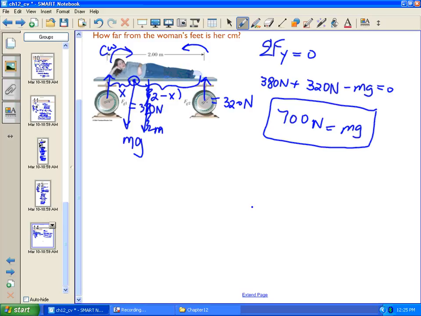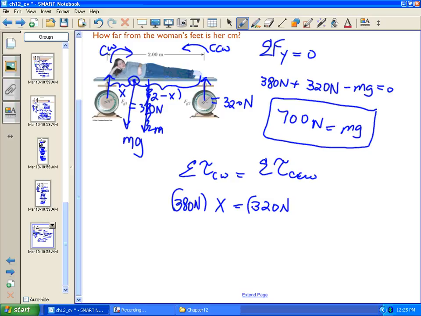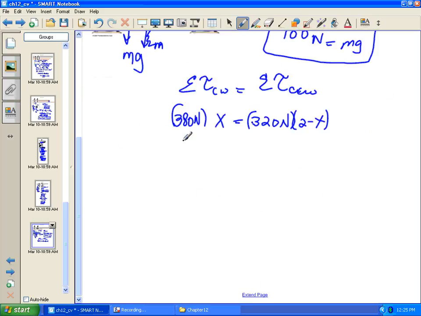This other force produces a counterclockwise torque at a distance 2 minus x from the axis of rotation. So torque clockwise equals torque counterclockwise. So we've got 380 newtons times x equals 320 newtons times 2 minus x, and of course mg exerts no torque since it is at the axis of rotation. There's no moment arm.